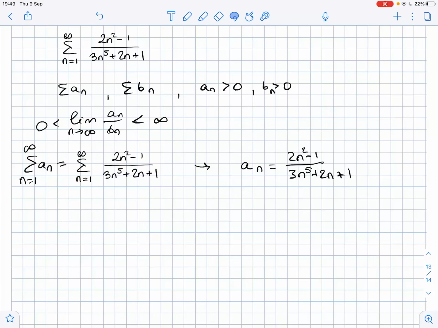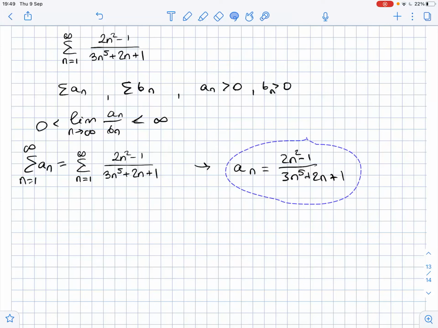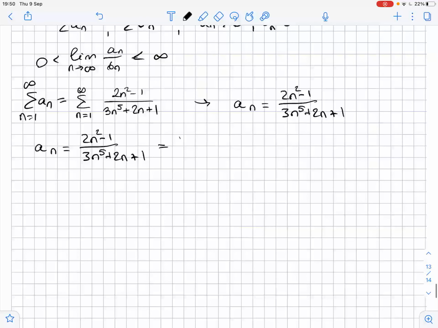So this equals n squared times (2 minus 1 over n squared) over n to the 5th power times (3 plus 2 over n to the 4th power plus 1 over n to the 5th power).